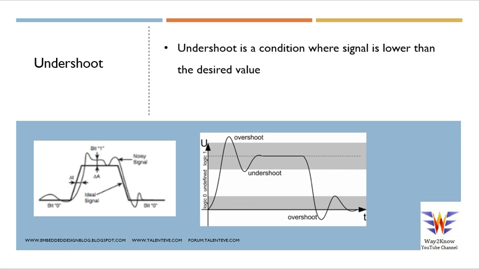Now let us come to the next one, which is undershoot. So undershoot is a condition where the signal is lower than its desired value. So now you can see here, this is the actual value which it should be, and now it has gone down to a level. So what you see here basically, the gray value, the middle value is the typical value, and this is the VIH and VIL.